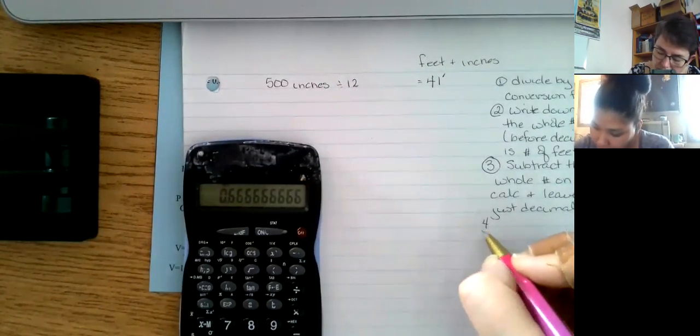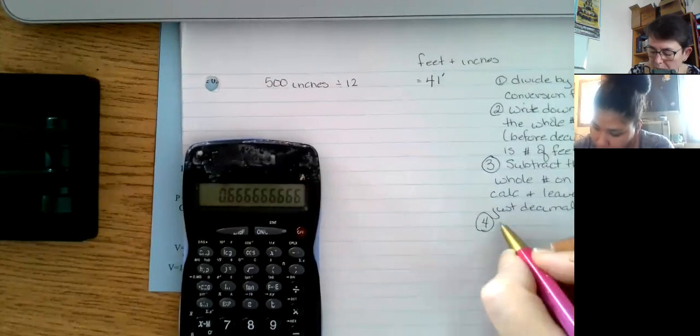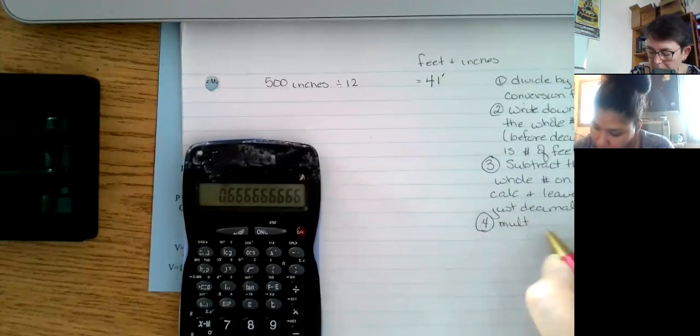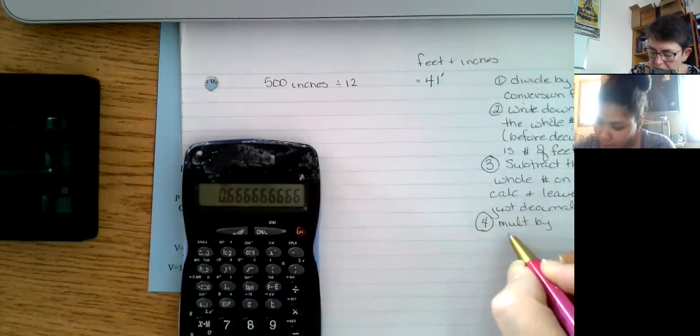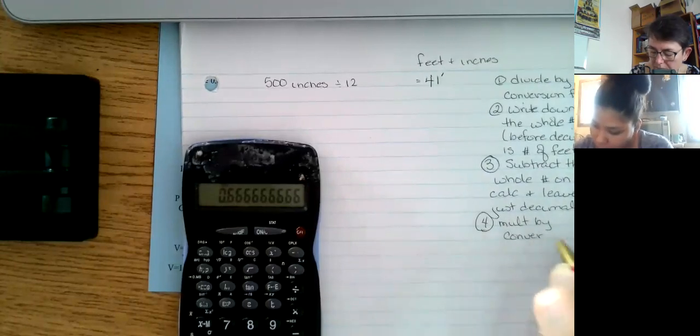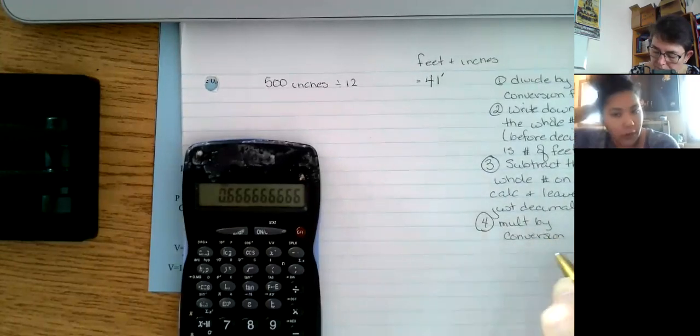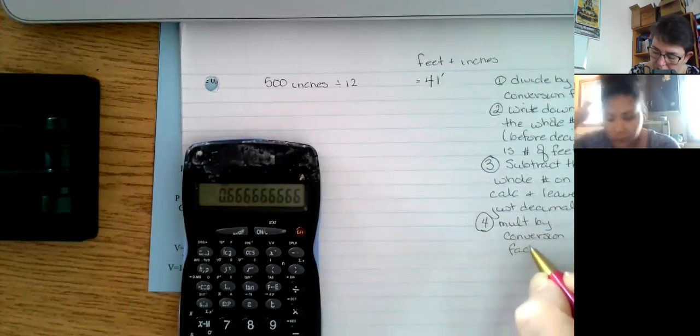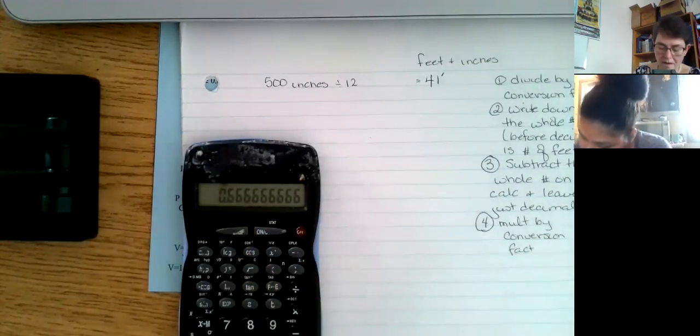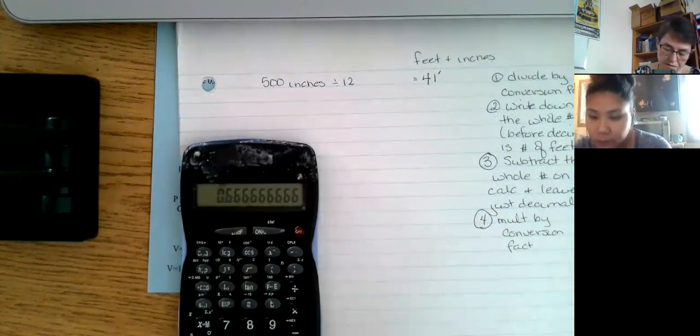And then the fourth step is we're going to multiply by the conversion factor, to convert this mess that we have back into inches. So we're going to go times 12.